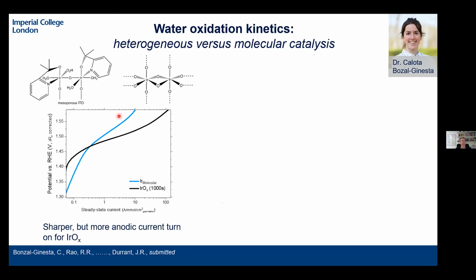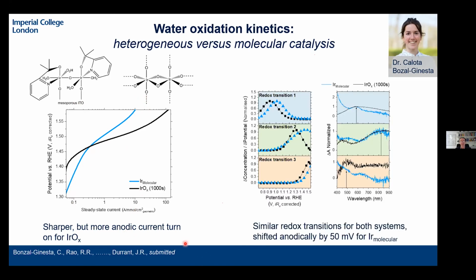And we can see something a bit similar, that for the molecular dimers, the water oxidation turns on earlier, but it doesn't turn on as sharply. Why might that be? Well, when we use our spectroscopy to measure the redox transitions, then broadly speaking, we see rather similar redox transitions at 3 waves, and would assign them to the same things on both iridium oxide films and these iridium dimers. The only real difference is that the molecular dimer is shifted to slightly higher potentials to drive the oxidation of those species.